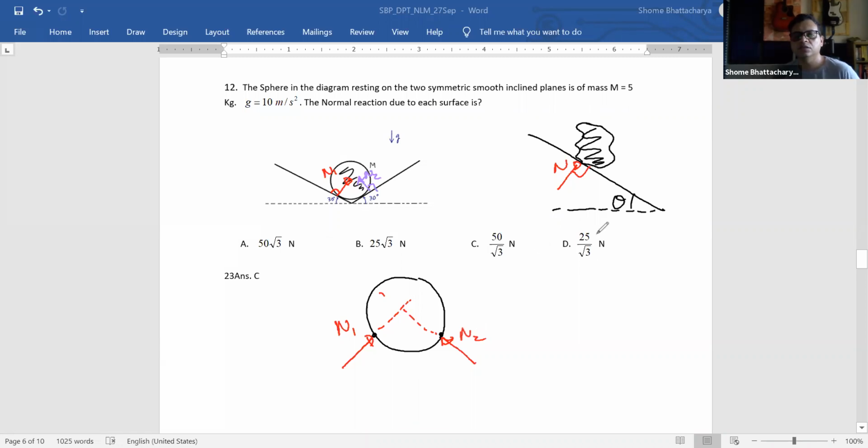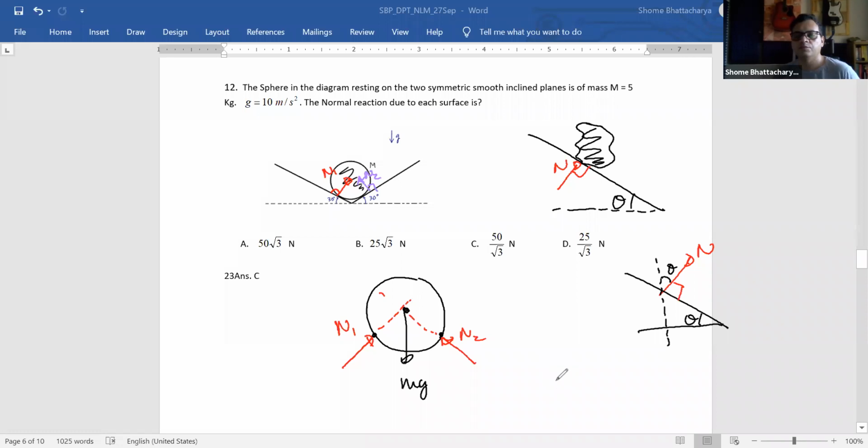Again, this sort of normal reaction will always be along the direction perpendicular to this plane. If this angle is theta, then this angle becomes theta, because this whole angle is 90, so this is 90 minus theta, and that becomes theta. And of course the weight of the object is acting like this.